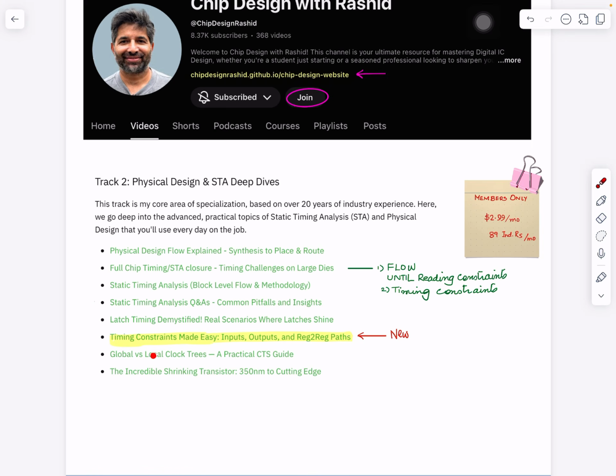After this, the best is that you come to the block level timing flow. We did a lot of videos on this, the block main timing concepts as well as the block level timing flow. I also did a couple of videos on the full chip side, and a lot of methodology stuff in different areas is covered there.